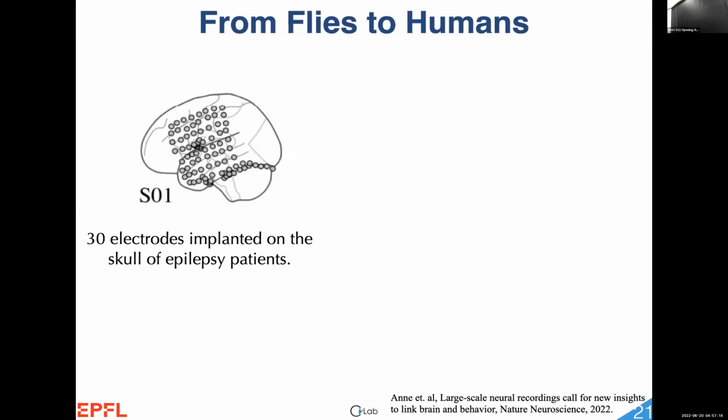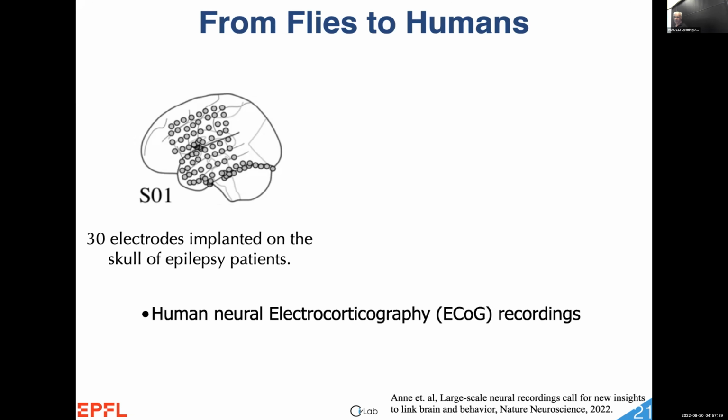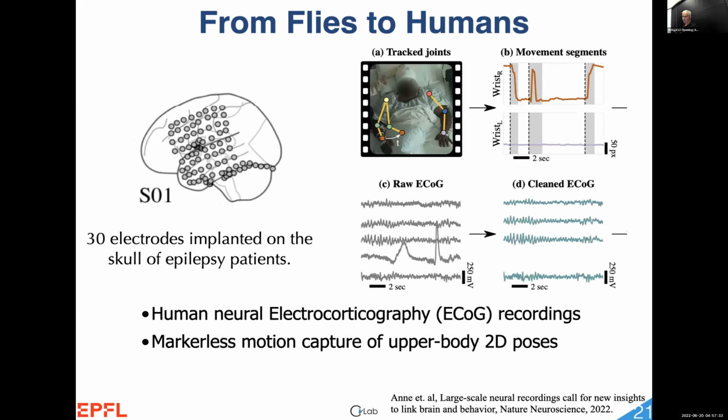You put electrodes on a human skull, and I think in this case you're dealing with epilepsy patients. So you put these electrodes, you record them, and at the same time, you take images. In this case, it's 2D, not 3D, and you record their motions.